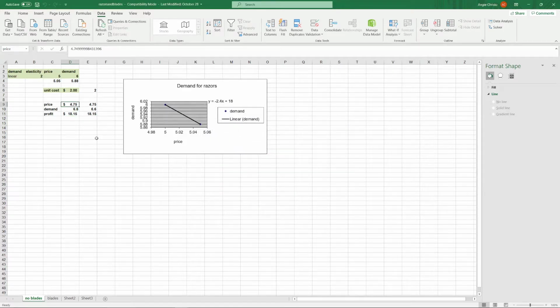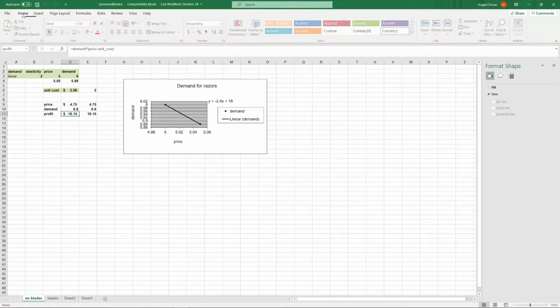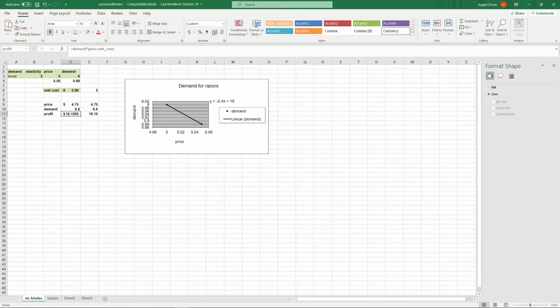And then it figures out that when this is 4.75, actually 4.7499999 and some other digits, basically 4.75, then the profit is 18.15, and you could even see more decimals if you wanted. Well, in this case, that's all. And then our profit is the highest it can be. So all that Solver does in this case is just try what happens when this is 1.